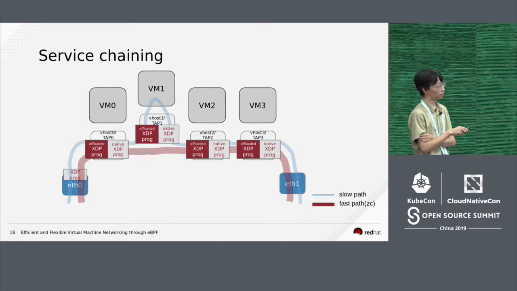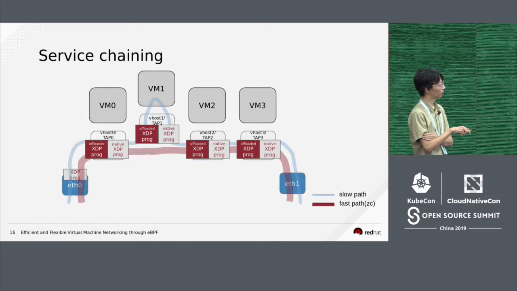So by doing this, we can easily form a service chain, and the offloaded XDP program will only process the JIT package filtering, and we will reference different levels and different types of headers, and we'll process all the packets on the backend.